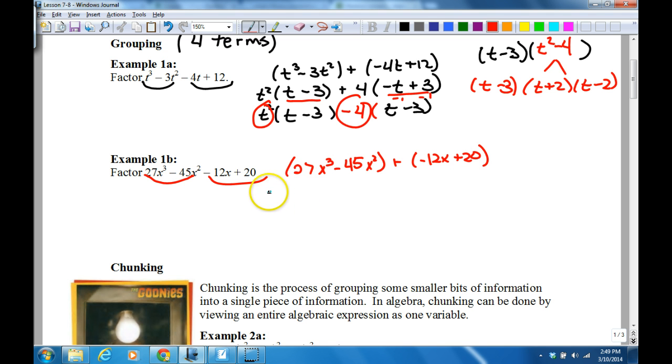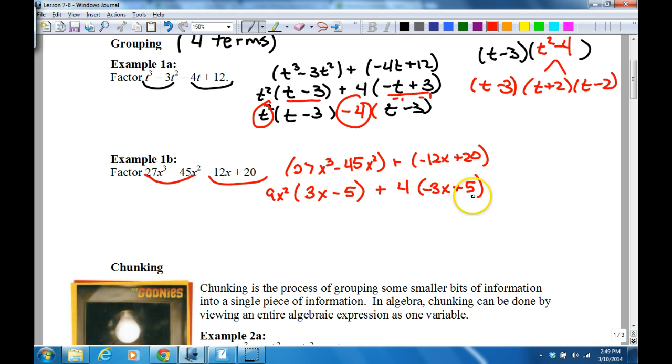Bigger than a 3. 9x squared. So this will become 3x minus 5. Okay? What can I take out of the second grouping? A 4. So I have 4, and then I have negative 3x plus 5.